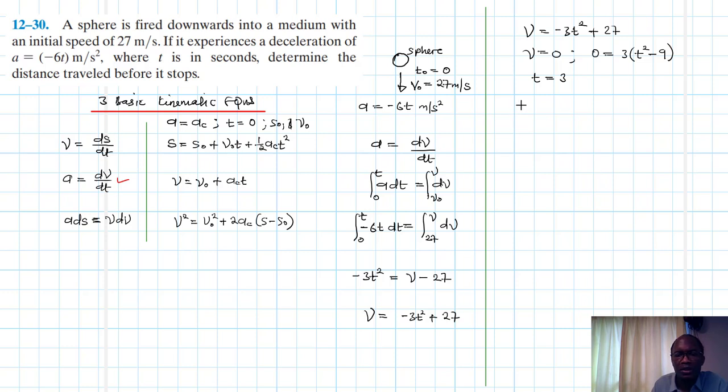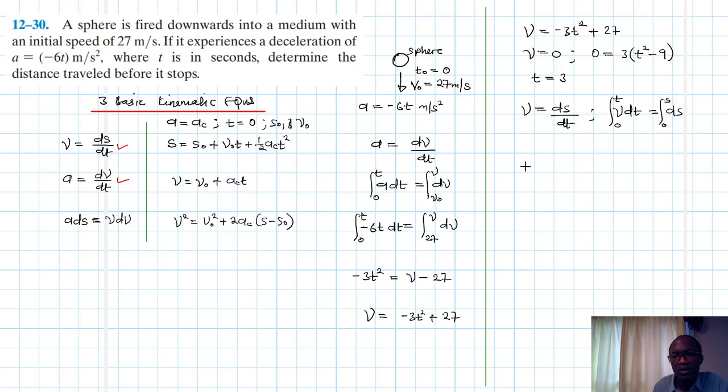Having said that, let's apply this particular equation so that we find the equation for displacement. We have v equal to ds dt, so v dt is equal to ds. We integrate on both sides, from 0 to t and from 0 to s.